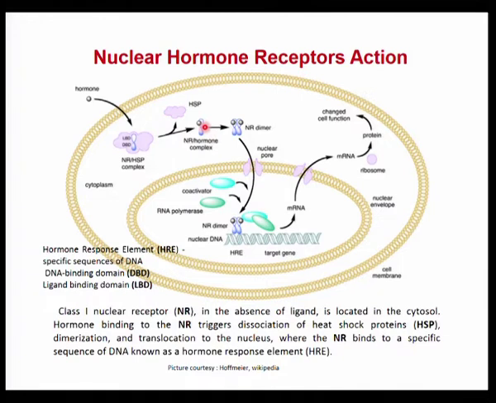What you see as LBD and DBD are the regions which provide binding for the hormone. So the hormone, being the ligand, binds to this white region, keeping the DBD region vacant, and this DBD region would then be available to be bound with the DNA.